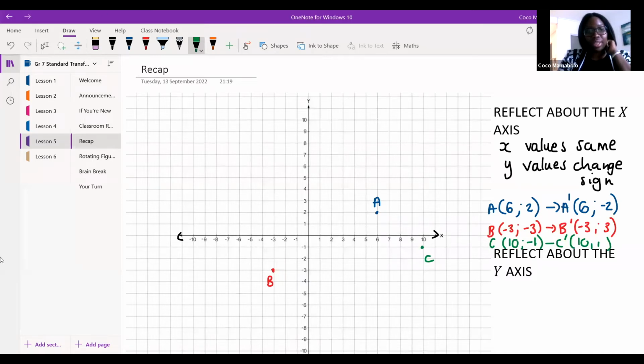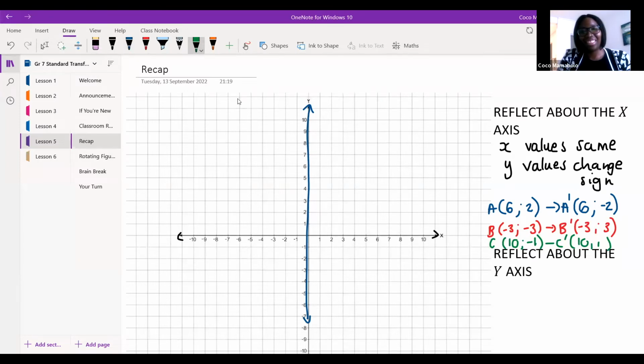No worries. Welcome, Lesego. Okay, now we're going to reflect about the y-axis. Does anybody remember what the rule is when we reflect about the y-axis, if this line is our mirror? Yes, Rolivua. You're the one who picked it up last time, so I bet you know exactly what it is.